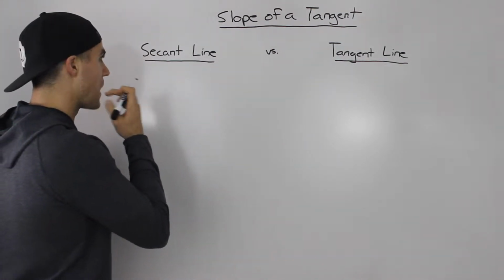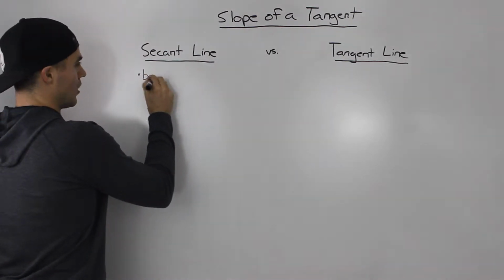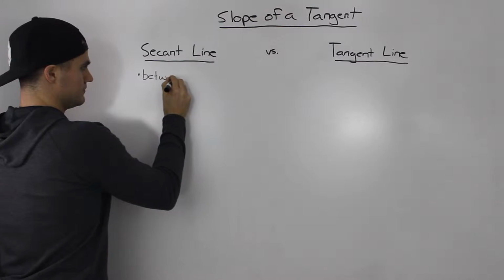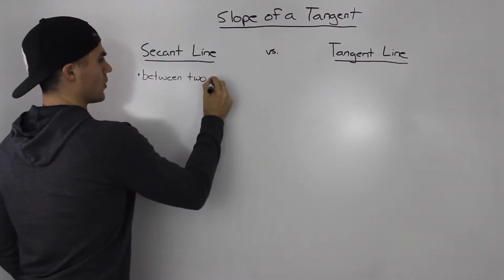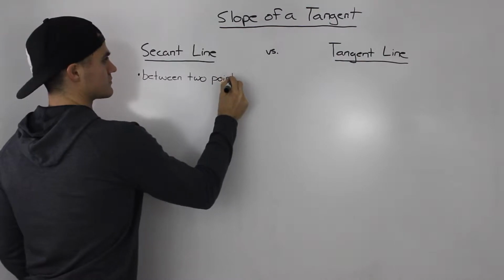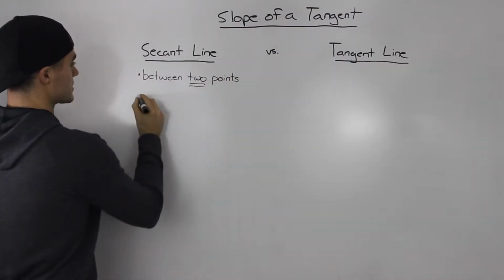So a secant line, if you recall, is basically always between two points. Always between 2 points.